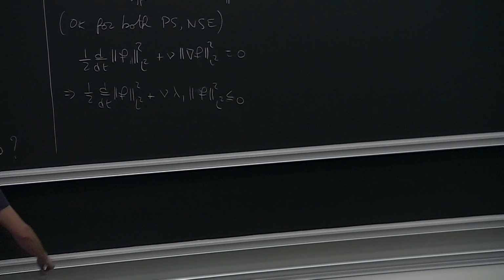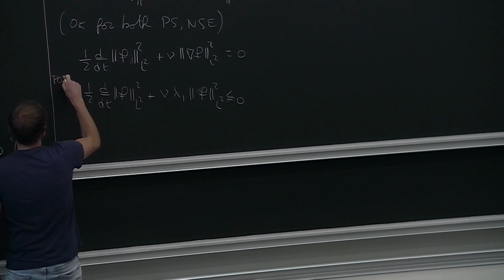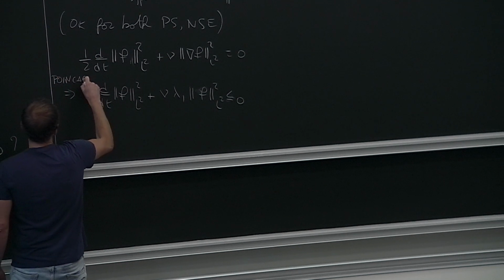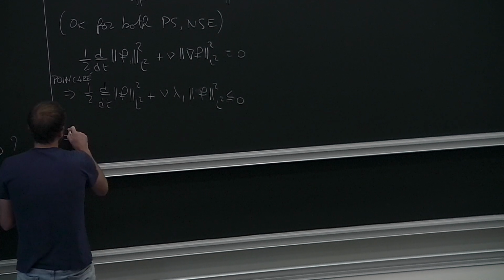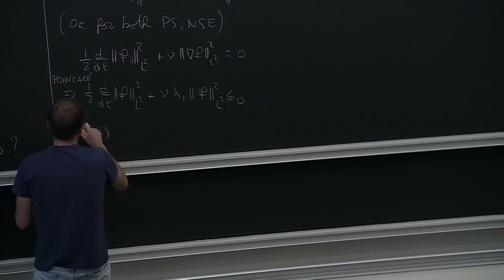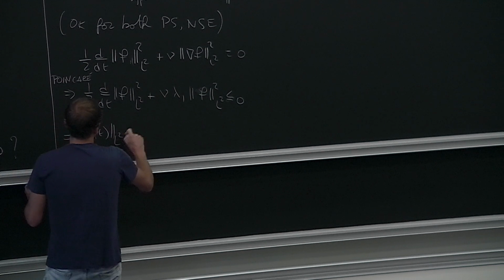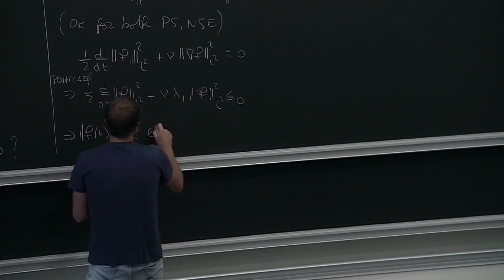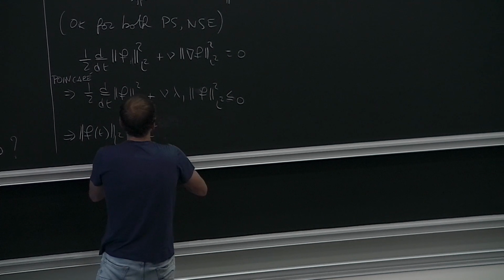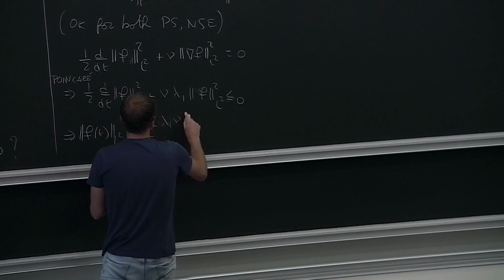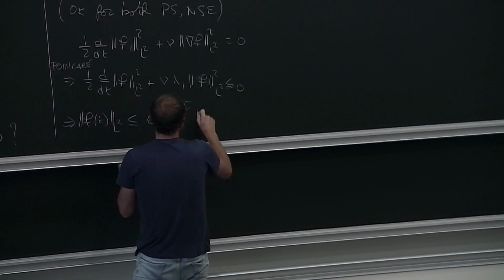So this is just Poincaré. And so what I get is that f of t in L2 decays like e to the minus lambda 1 nu t times its initial datum.